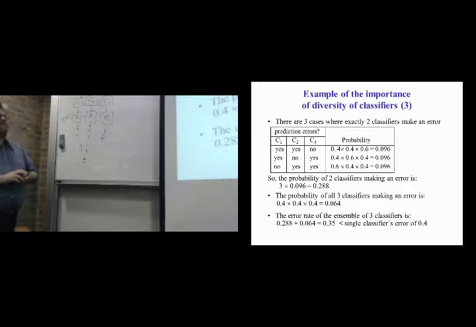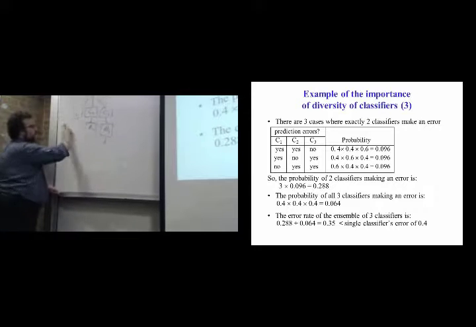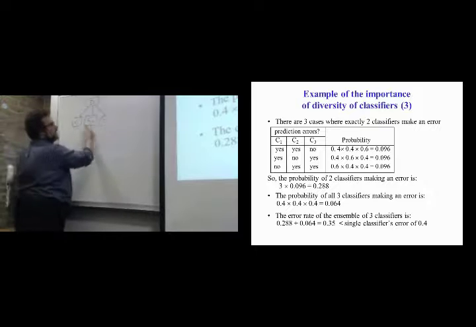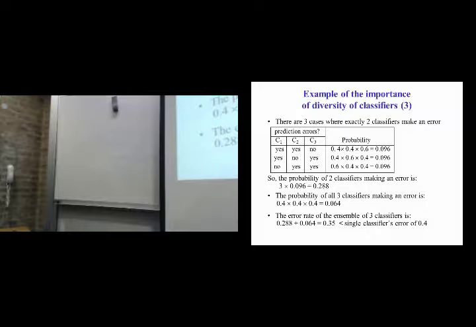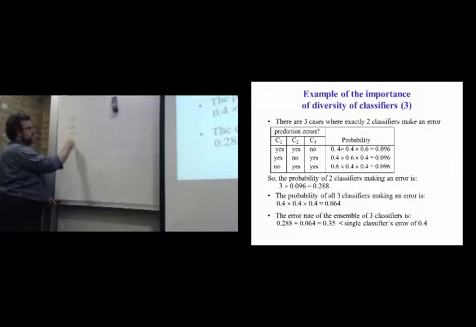So we looked at this example, didn't we? And we said that basically, if you've got this, it is quite complicated, so it's worth going through this in a bit of detail. So we have the idea that we've got basically lots of different ways in which you can make an error. So you can have the situation where all three classifiers make an error, or two of them make an error, or one of them makes an error, and none of them make an error.